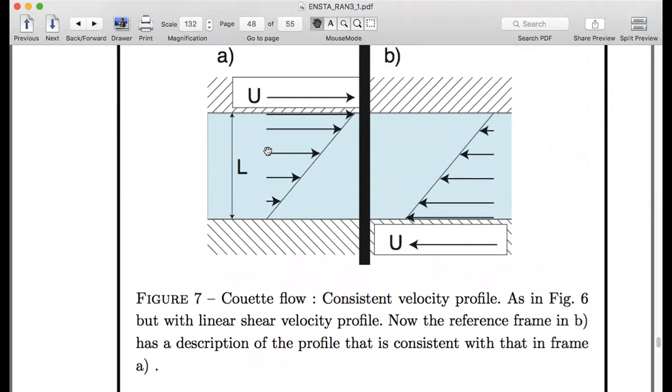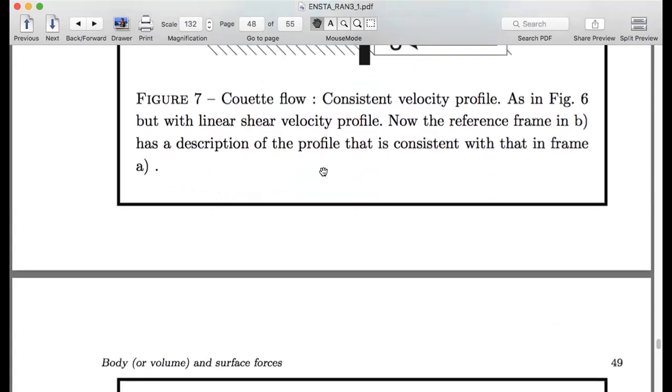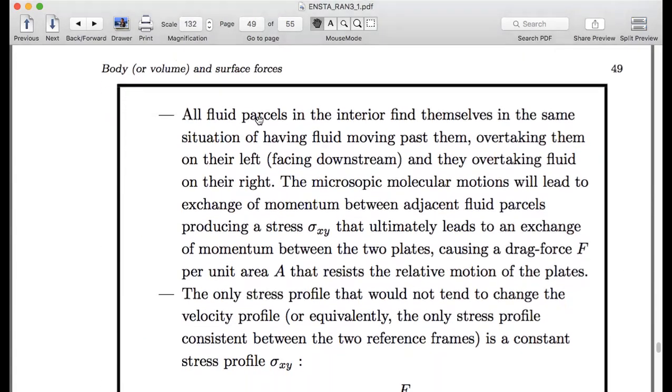You're facing in the direction you're moving, so if you look to your left, the parcels to the north are moving faster than you, so they're overtaking you on your left. And that's true at any arbitrary point in the interior: fluid parcels overtaking you on your left, facing downstream, and you are overtaking fluid parcels on your right.